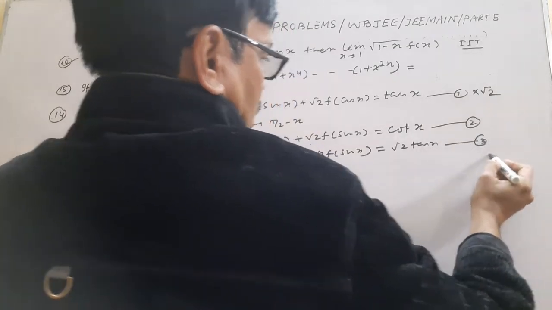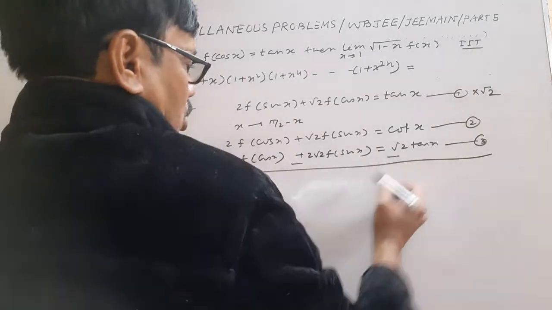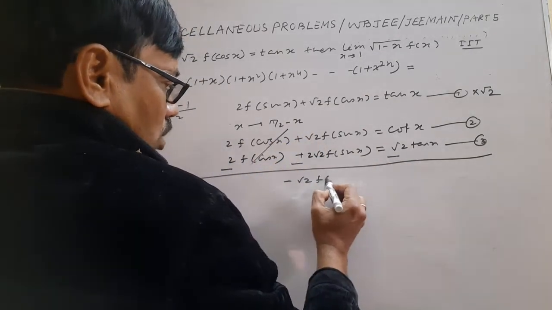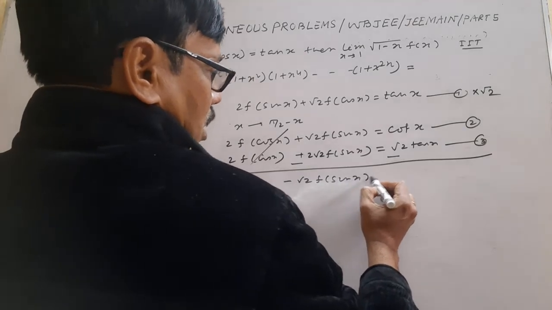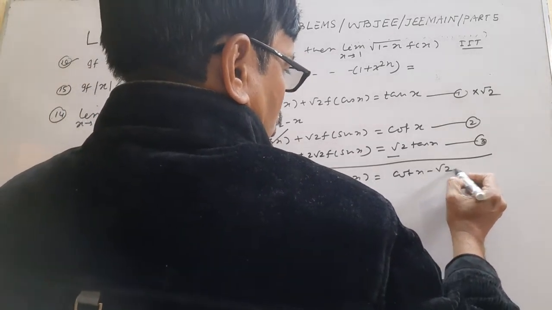This is equation 3. Now if we subtract, we get −√2 f(sin x) = cot x − √2 tan x.